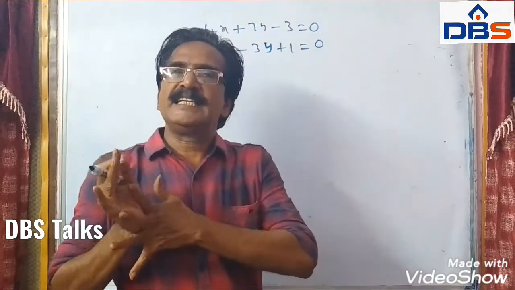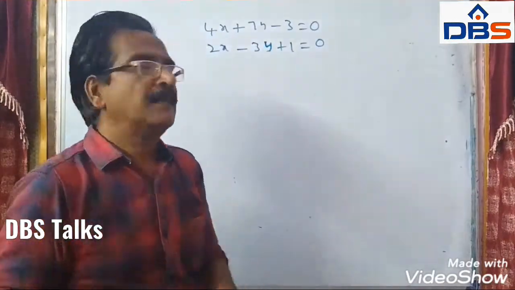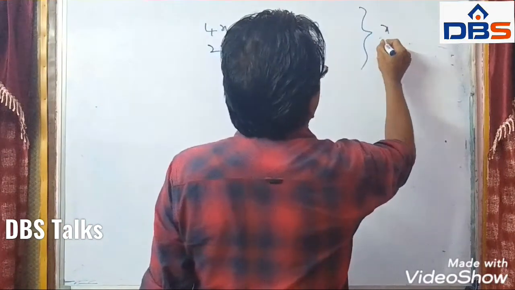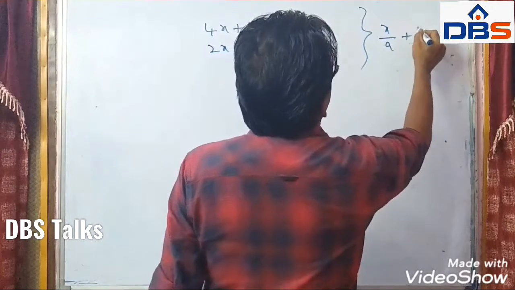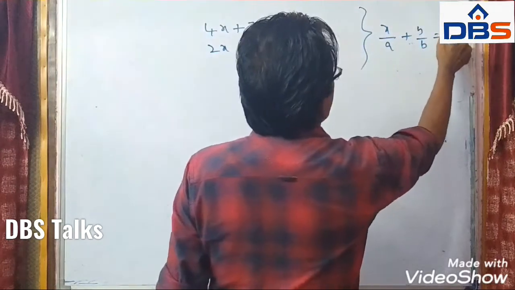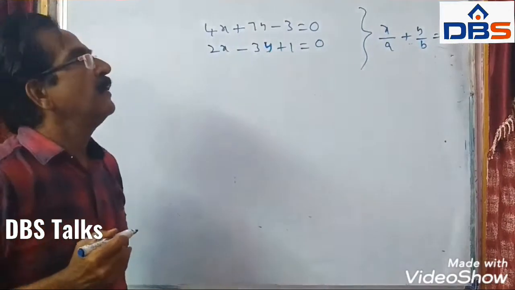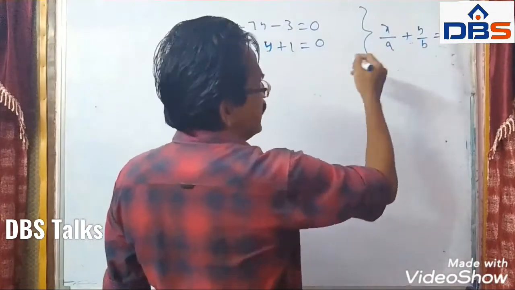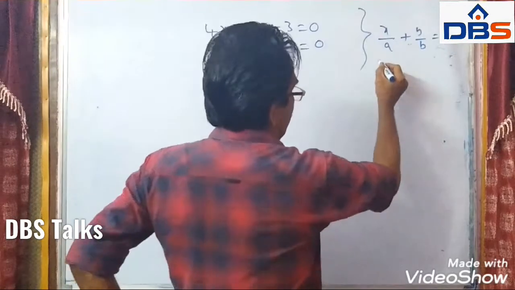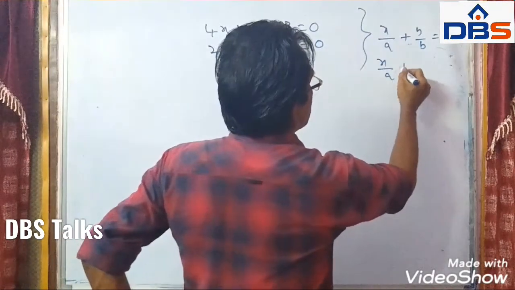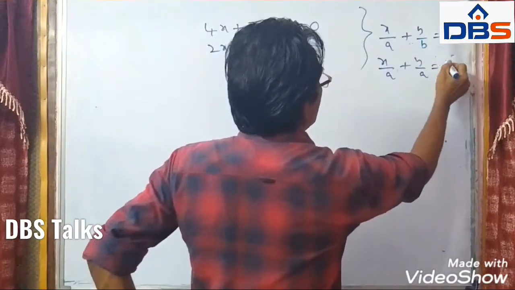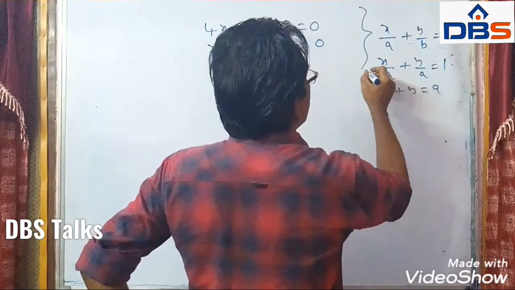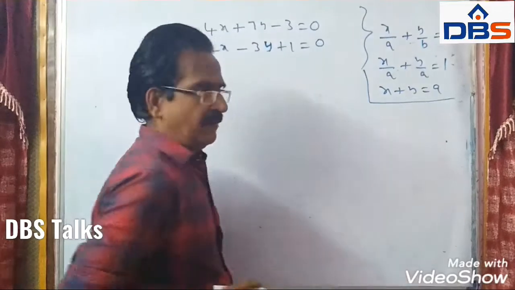So, equal intercepts in the sense the equation must be x by a plus y by b is equal to 1, intercept form. Since the intercepts are equal, x by a plus y by a is equal to 1. So, x plus y is equal to a. This is our equation.